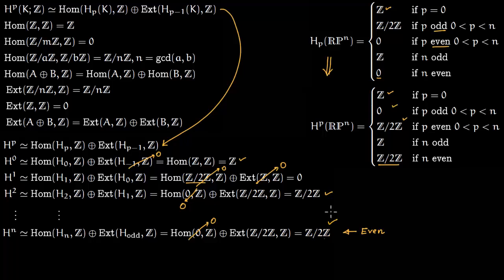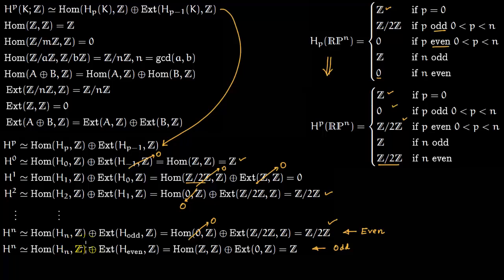What if the dimension of your manifold is odd? Again you have the same formula here, but now n minus 1 would be even, so Hom(H_n, Z) and Ext of this. So now you have Hom(Z, Z) because n is odd, so for n odd you have the integers here. So this was less than n. For n odd, for this dimension here, this is the integers.